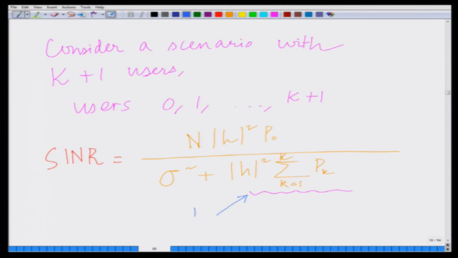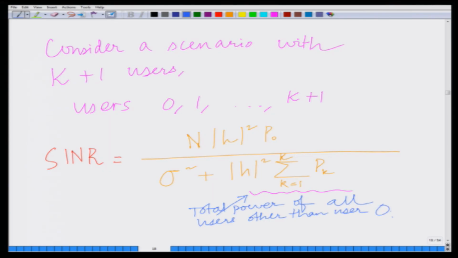So, in the denominator we have interference from the total power of all users other than user 0.